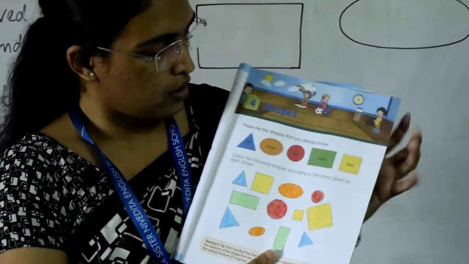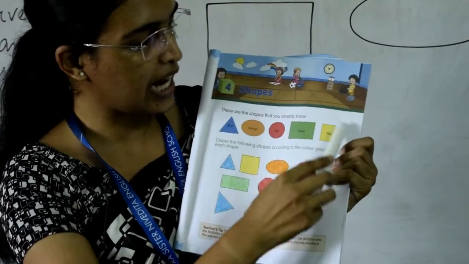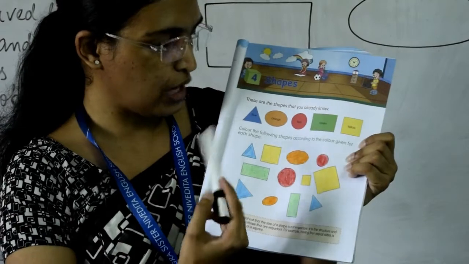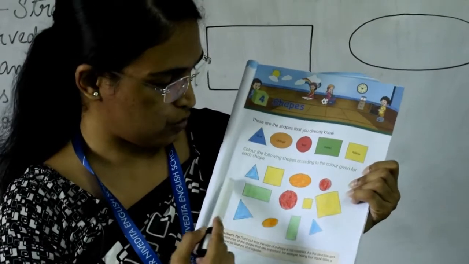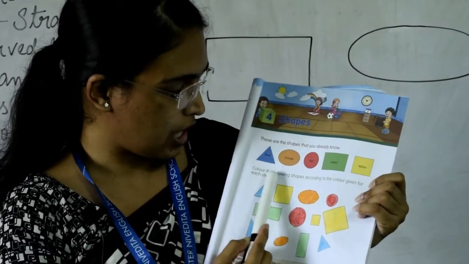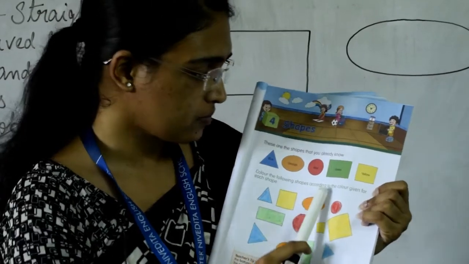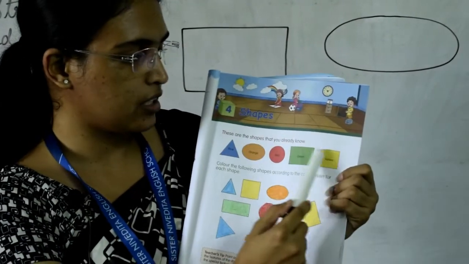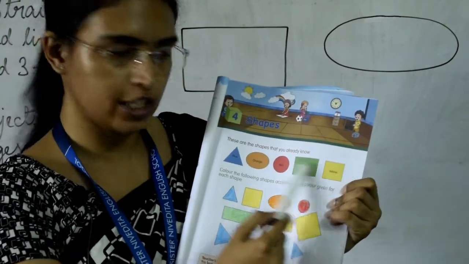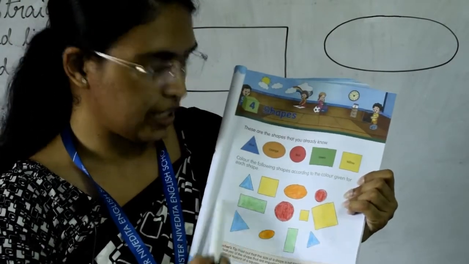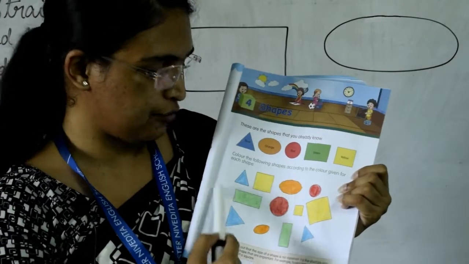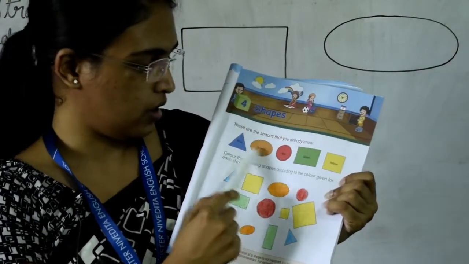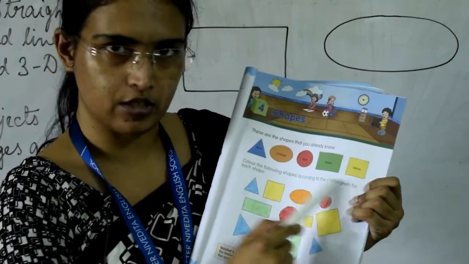So you have to look at these shapes and color these shapes, okay? The question is to color the following shapes according to the color given for each shape. Whatever the color is given here for each shape, you have to identify those shapes and color them accordingly, okay?